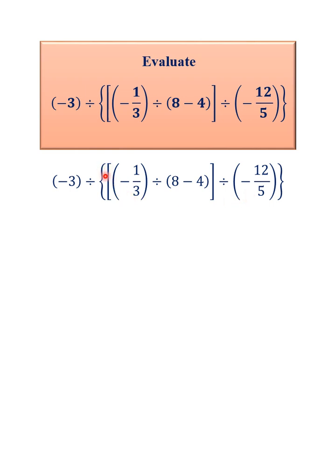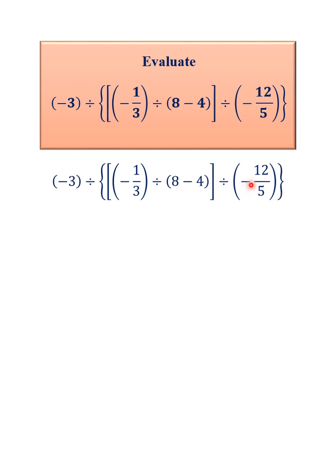We have a curly bracket here at the start, and we have a curly bracket at the end. What it means is that everything here is inside a curly bracket. So we are going to start with the curly bracket. When we go into the curly bracket, we have a square bracket here, and this ends the square bracket, which means everything here should be resolved within the square bracket.